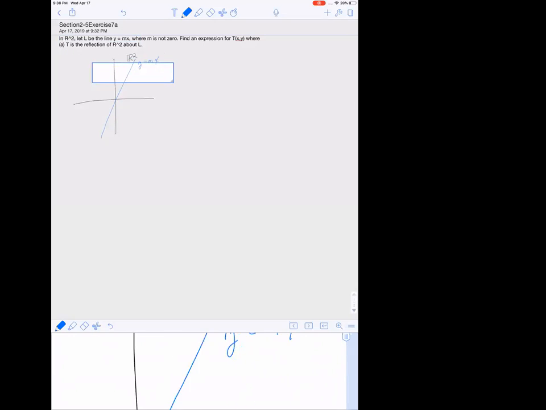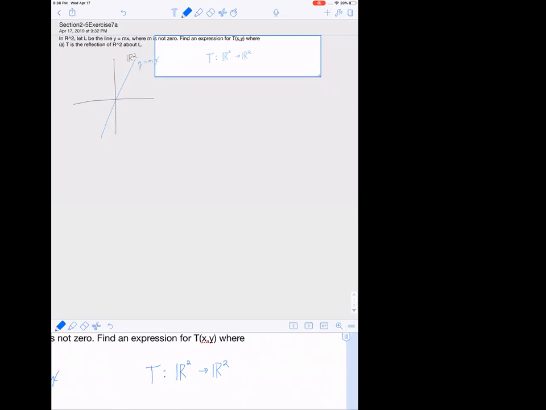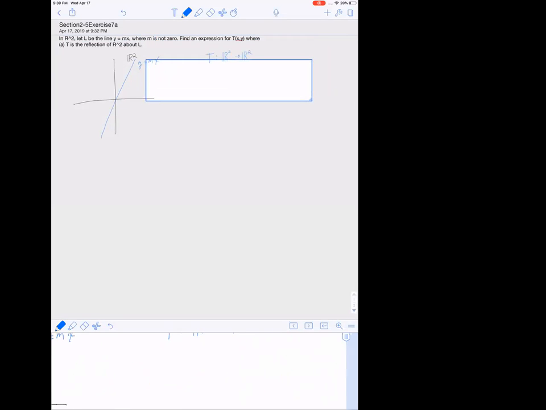So let's see if we can think about what's going on here. T really is some linear transformation from R2 into R2. And if we wanted to write an expression for T of (x, y), that would be sort of like knowing what it does to the standard basis.